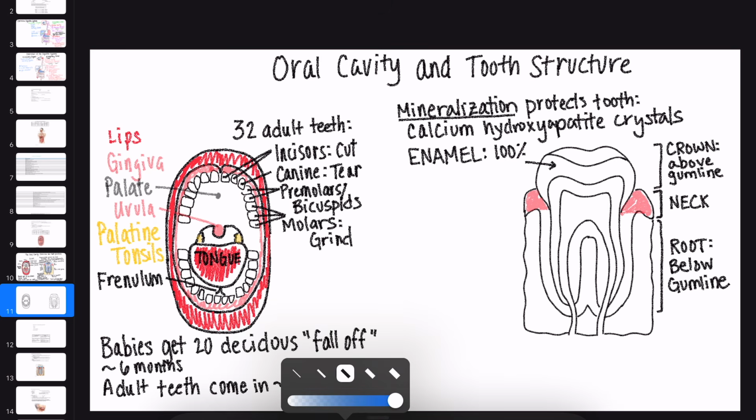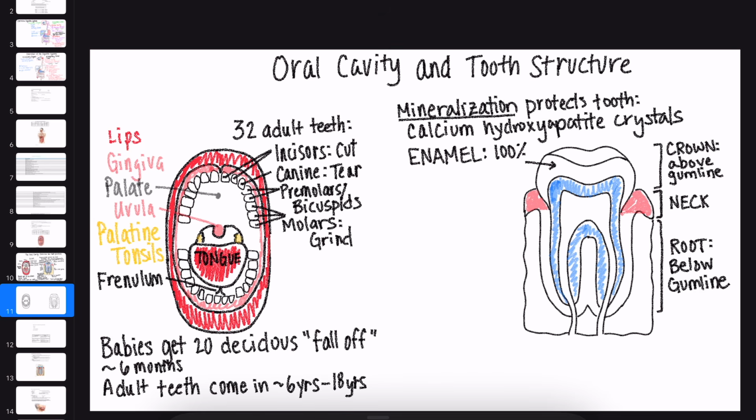I'm going to color the dentin, which is a little bit softer than enamel. I'm going to put that here, below the enamel, and I'm making it all in blue. This is called dentin.